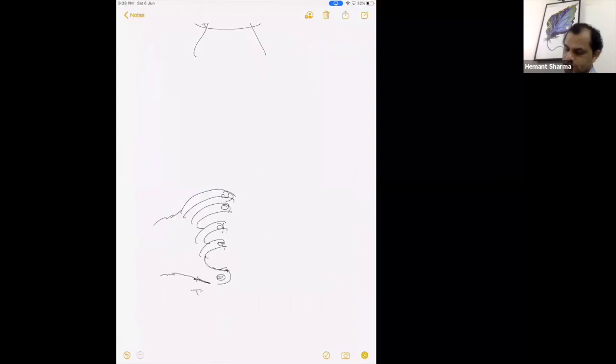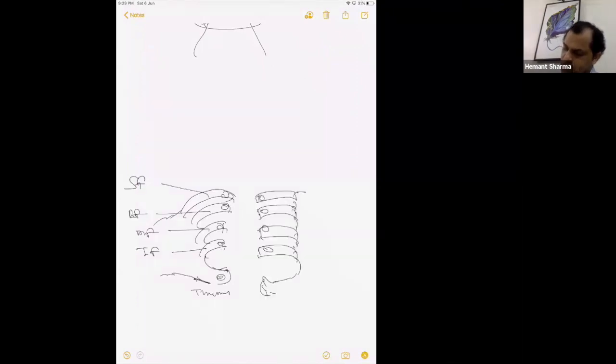So this is a thumb, index finger, middle finger, ring finger, and a small finger. We can also make other hand like this. So suppose these are the 2 hands. So this is the right hand, this is the left hand.